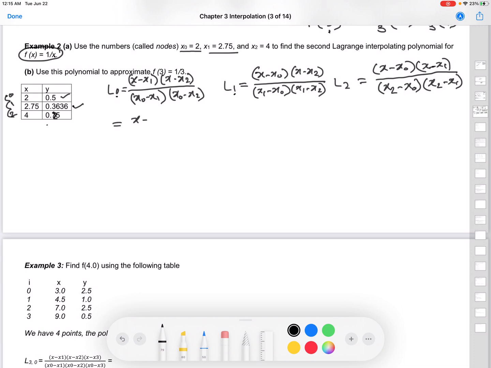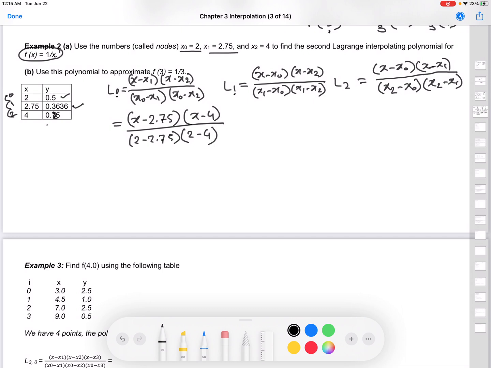X minus x1 is x minus 2.75, x minus x2 is x minus 4, dividing by x0 minus x1. So 2 minus 2.75, x0 minus x2, which is 2 minus 4.